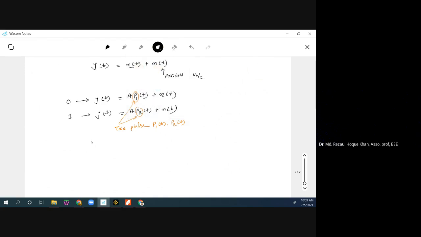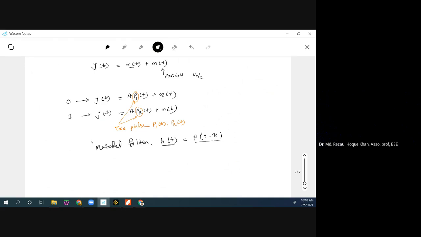For our matched filter response h(t), previously with a single pulse it was p(t minus tau), equal to the pulse shaping filter so that the signal to noise ratio is maximized.